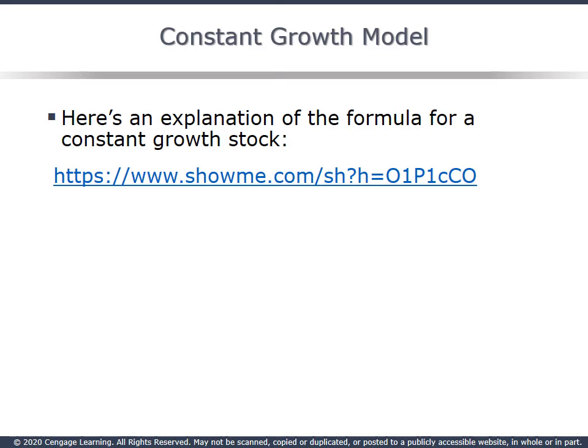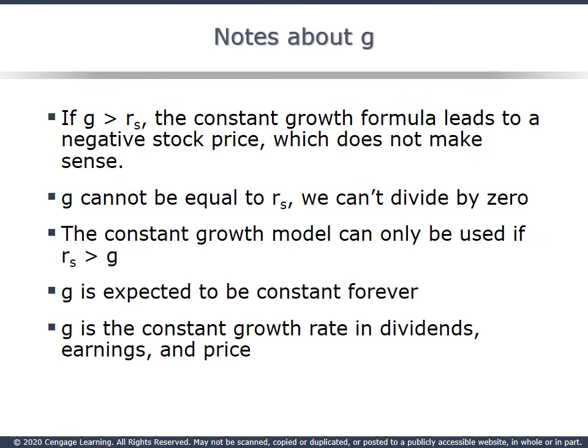In the meantime, we will move on because in this formula, g, that constant growth rate, is very powerful. So let's make a few deductions about g. If g is ever bigger than the required rate of return on the stock, that would lead to a negative stock price.